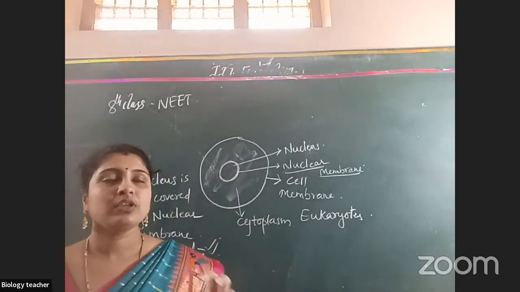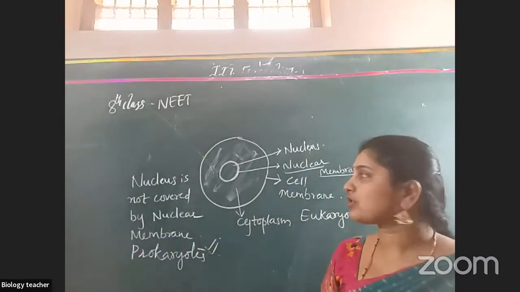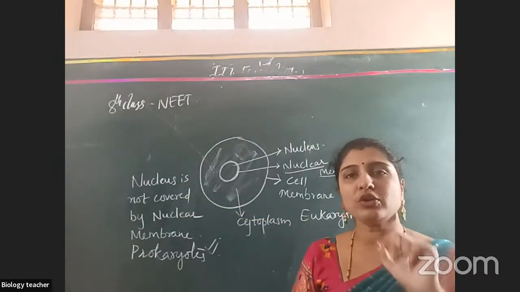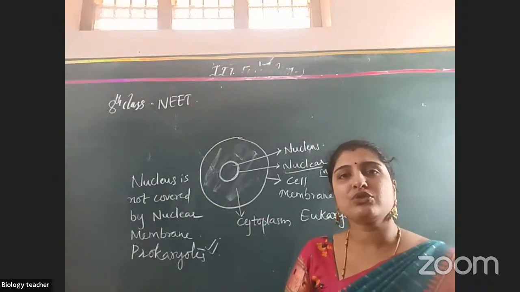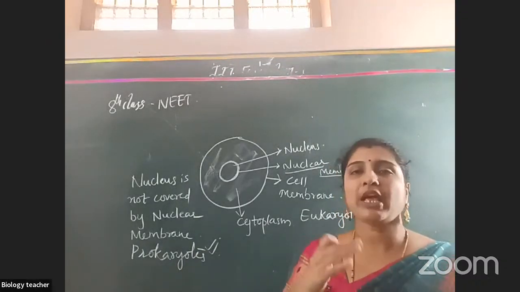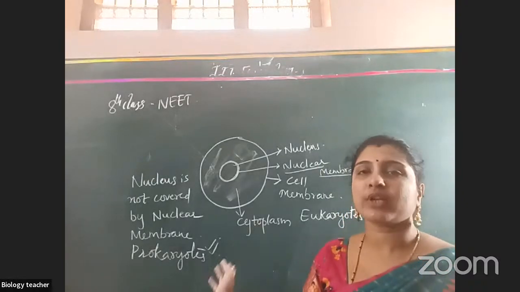Understand? So the living organisms are of two types based on the nucleus. Prokaryotes: no nuclear membrane around the nucleus. Eukaryotes: nuclear membrane around the nucleus. If nuclear membrane is present around the nucleus, eukaryotes.